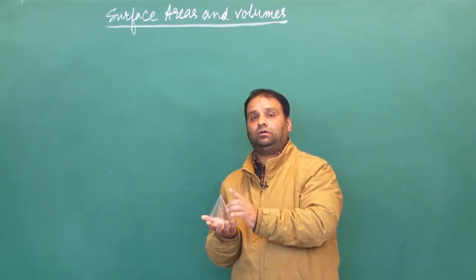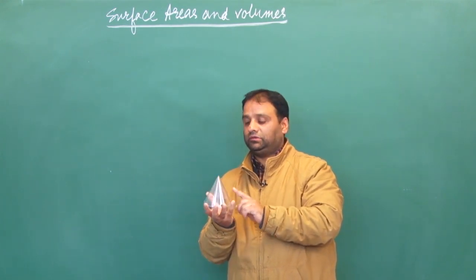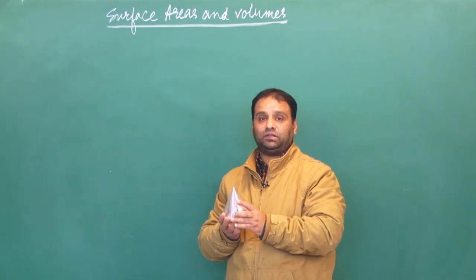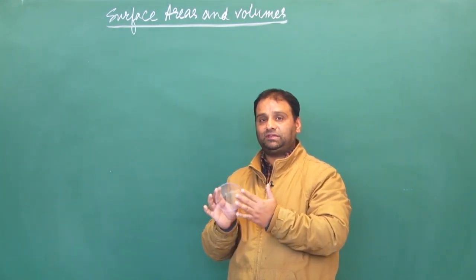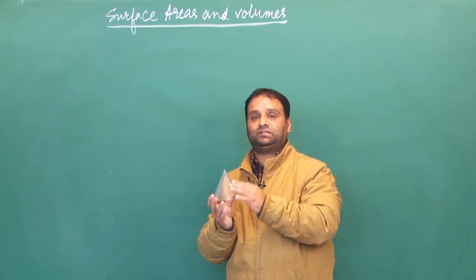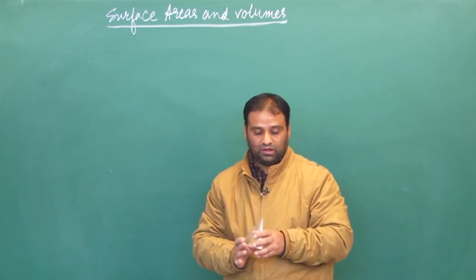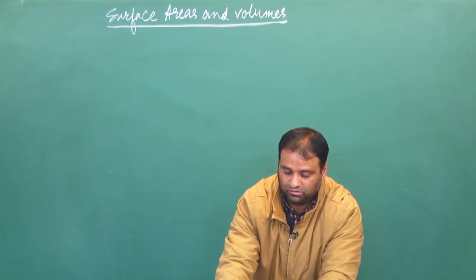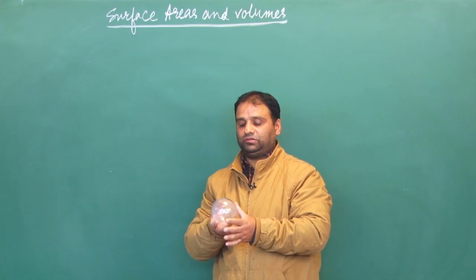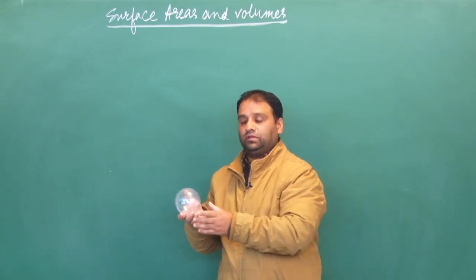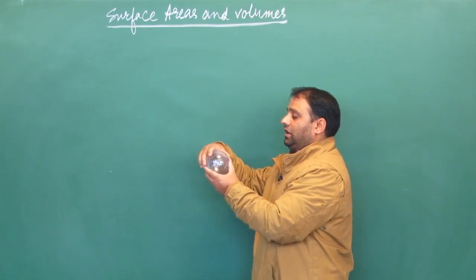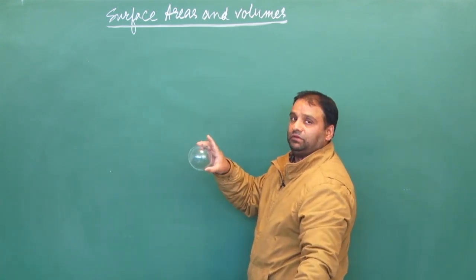In a cone only 2 faces are to be considered: one at the bottom, the circular base, and another is the triangular face. And the next one is the sphere, which is a round 3-dimensional figure, and half of the sphere is the hemisphere.